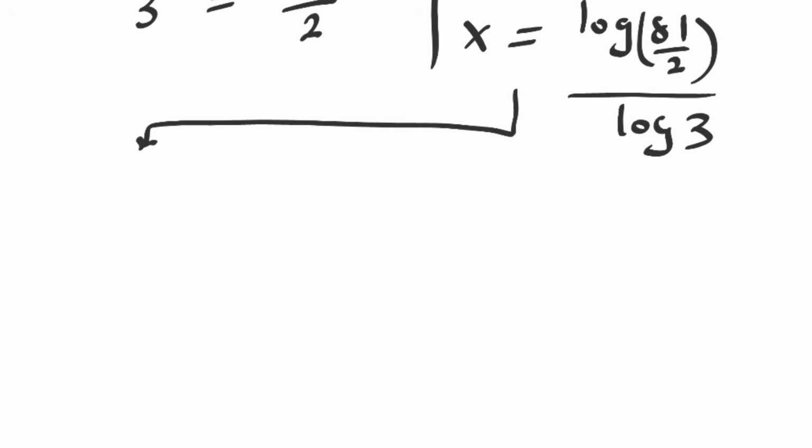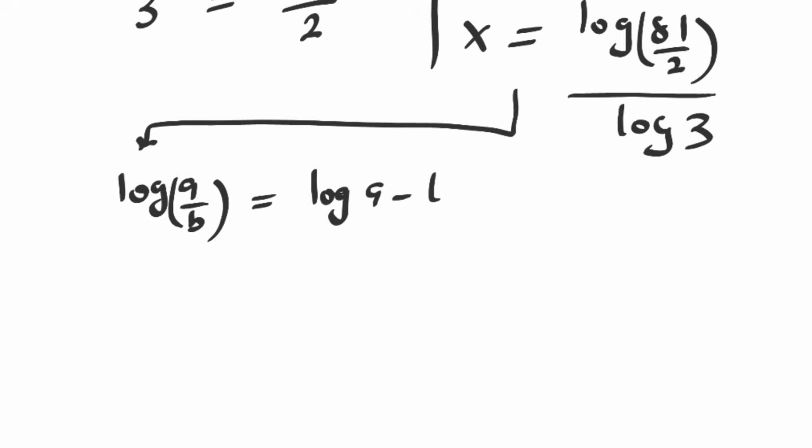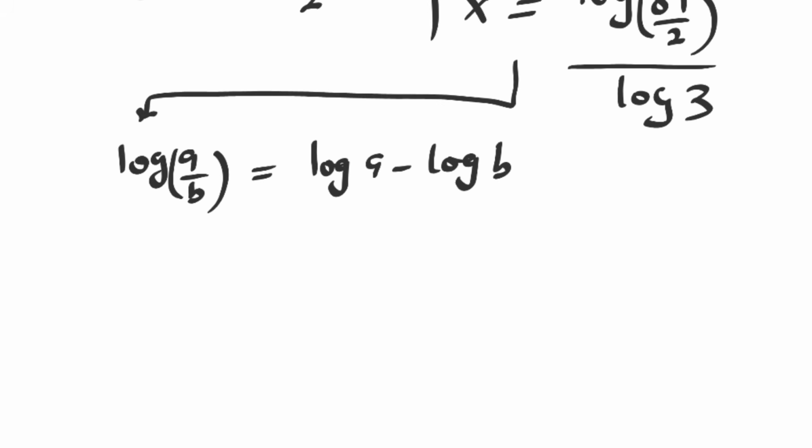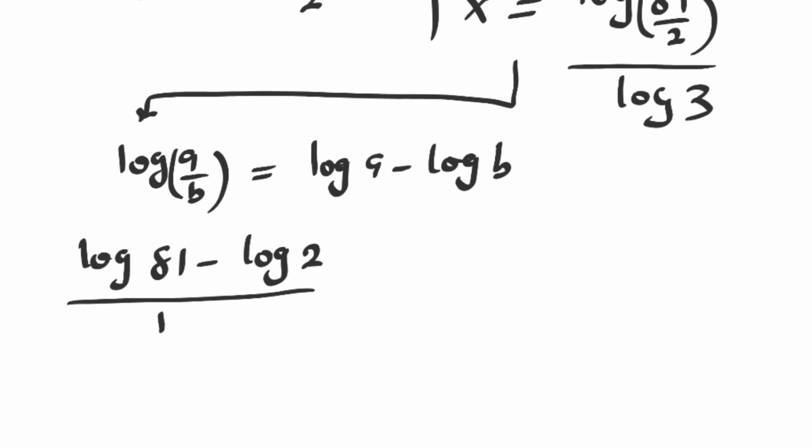If you have log a divided by b, this is equal to log a minus log b. Now log 81 divided by 2 can be written as log 81 minus log 2 divided by log 3.